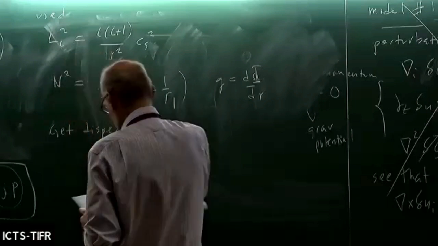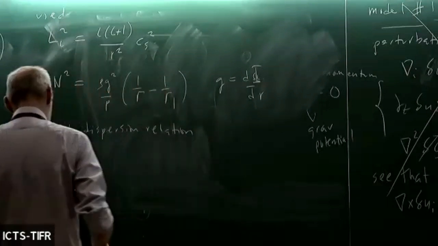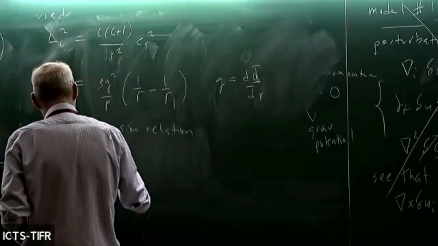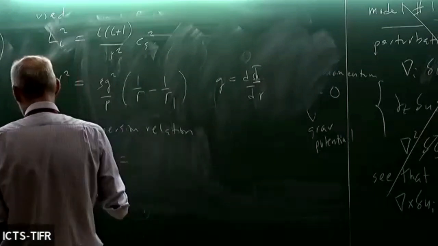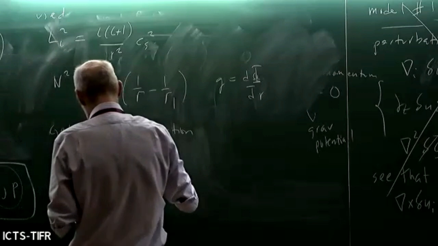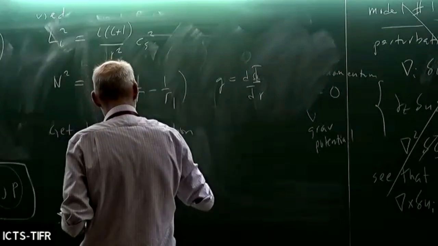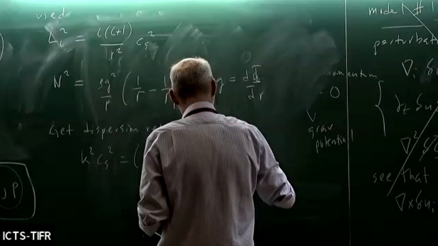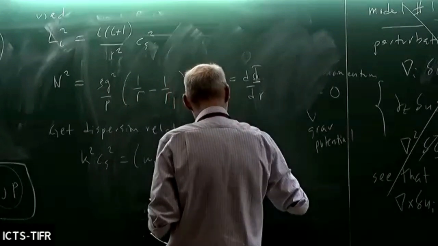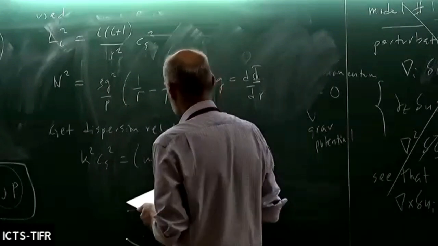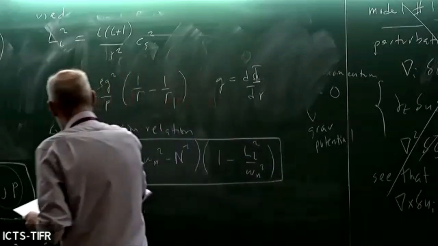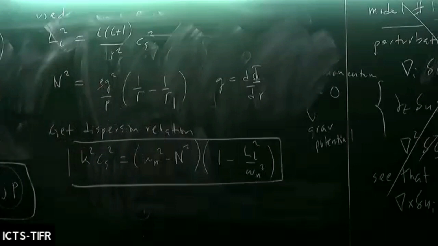It's fair enough. Okay, so what comes out is the wave number times the sound speed squared is the product of these two funny factors. That's the final bit.